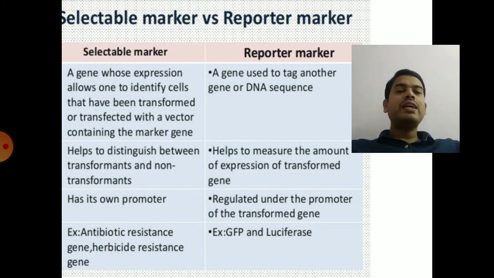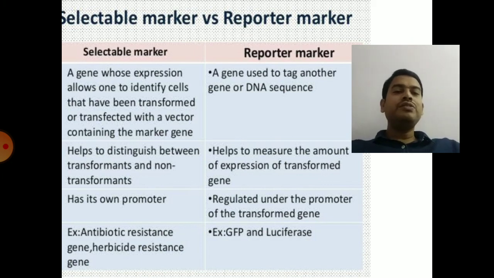A reporter marker is a gene used to tag another gene or DNA sequence. So a reporter gene is tagged at the end of your foreign DNA. If your foreign DNA is going to express, this reporter marker is also expressed. So that means it will indicate the amount of expression of your foreign DNA. That is a reporter marker.